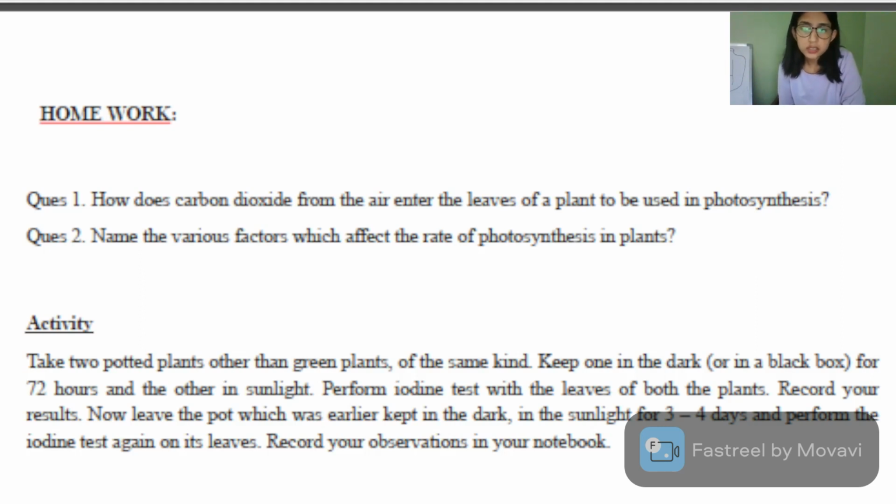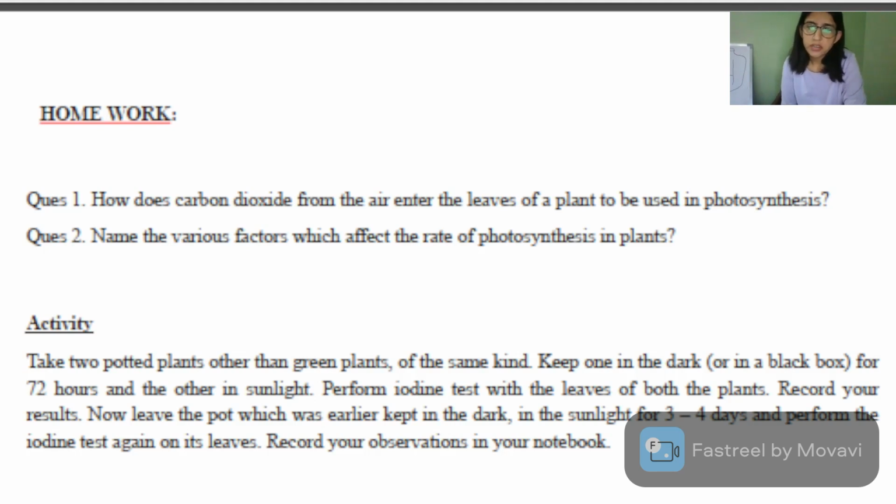Iodine is basically a salt solution. You will record your result. Now leave the pot which was earlier kept in the dark in the sunlight for 3 to 4 days and perform the iodine test again on its leaves. Now you will be recording your observations in your notebook.